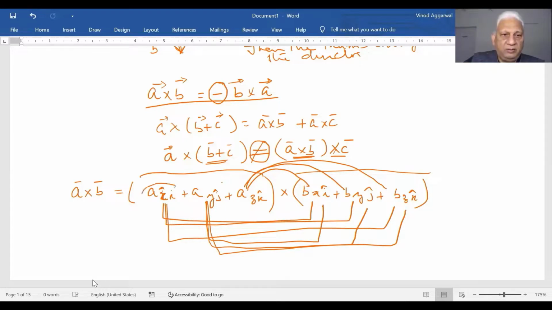So each component will have to be crossed with each component of the second vector.